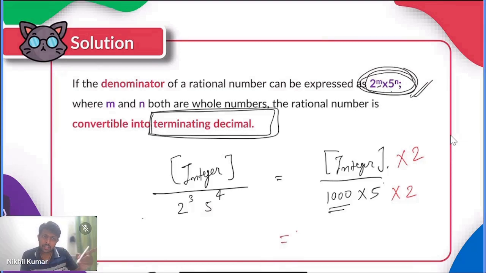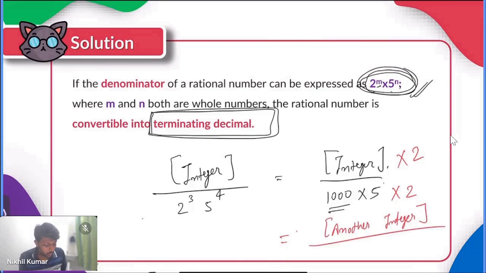An integer multiplied by 2, will I get another integer? Yes, sir. So let me write another integer. And what do I get in the denominator? Thousand into 5 into 2 is 10,000. Do you agree?